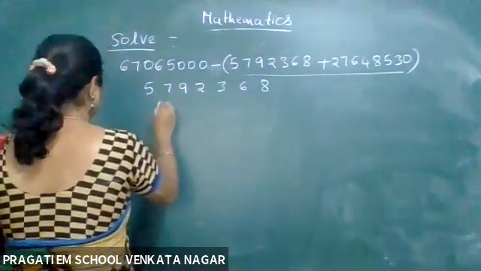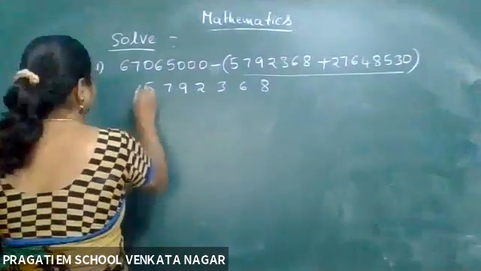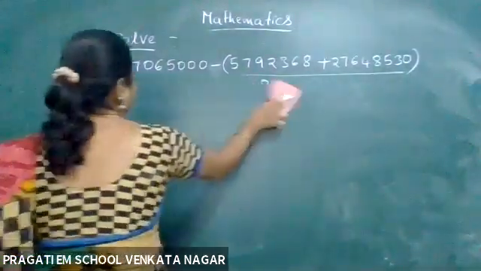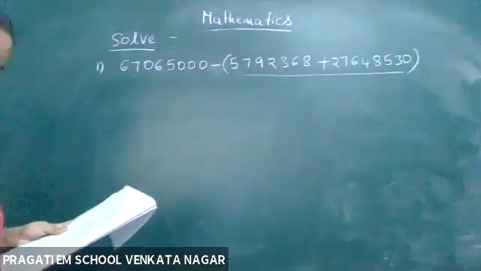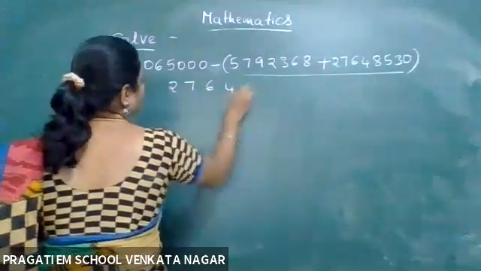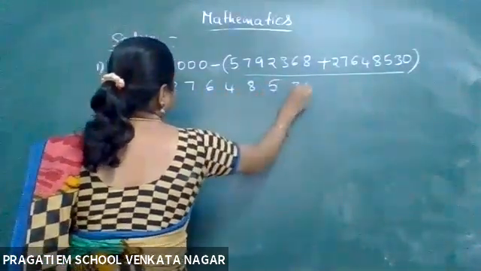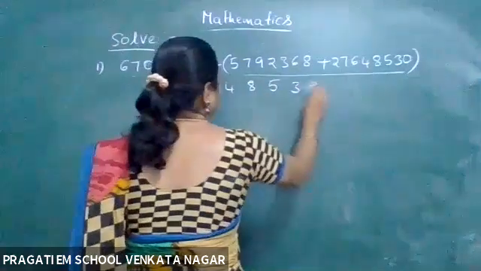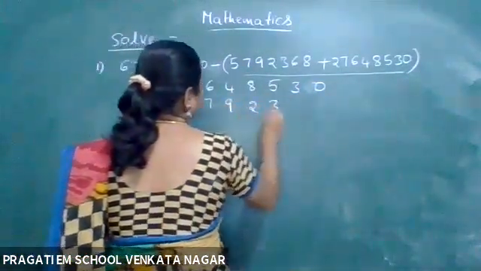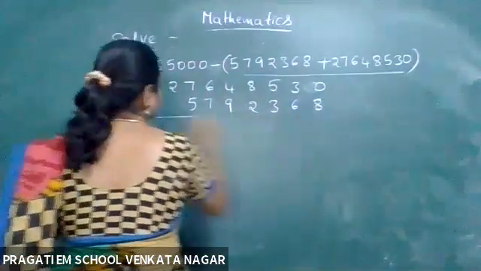Next we have 2, 4, 8, 5, 3, 0. And next we have 5, 7, 9, 2, 3, 6, 8.